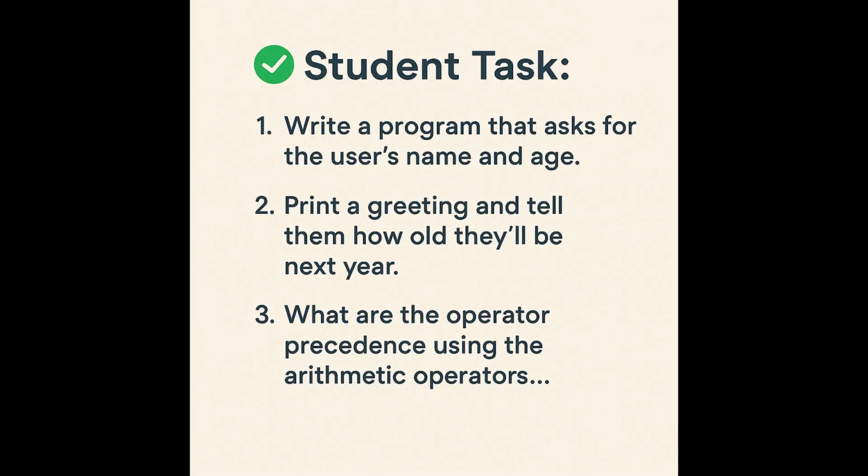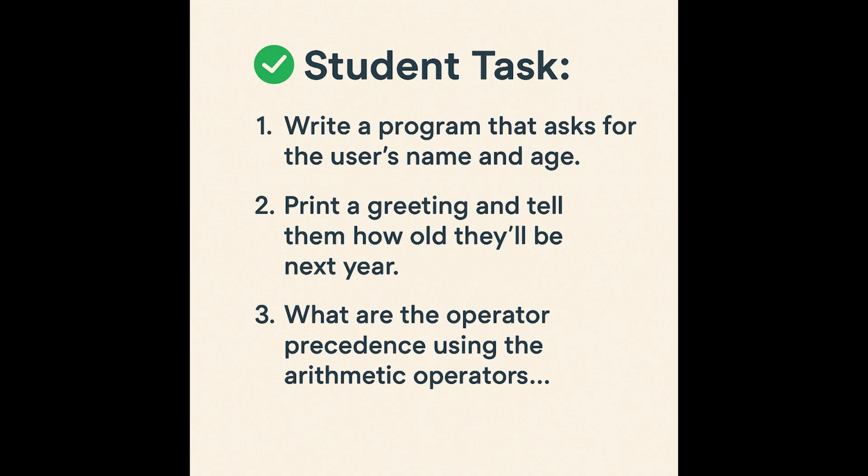All right, we have a task here for you students. Here is your task. Write a program that asks for the user's name and age. That is a task for you. Write a Python program that asks for the name of the user and then the age of that user. Number 2 of your task, you are going to print a greeting and tell them how old they are going to be in the next year.